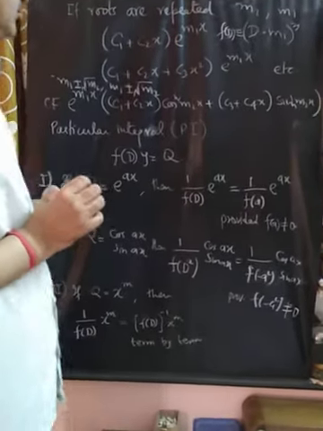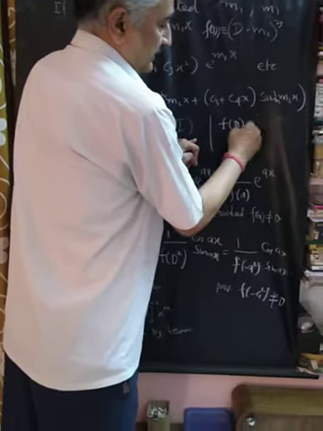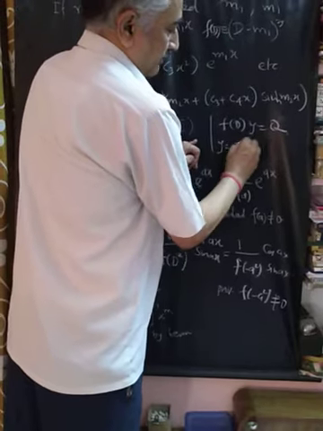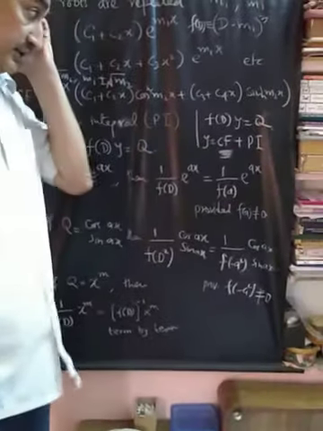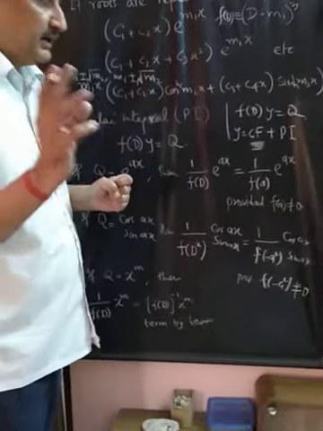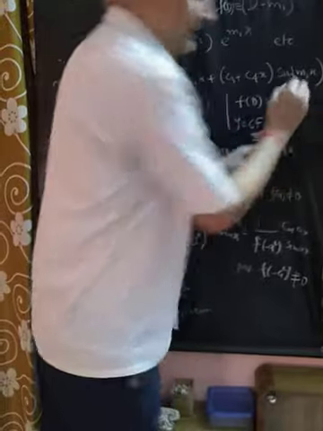We will have a good practice of this when we start doing problems. So this is as far as you have the differential equation f(D)y equal to Q, and we write y equal to complementary function plus particular integral. We know how to write the complementary function. Now how to find the particular integral? First we take up the easy cases when Q is of a particular form.